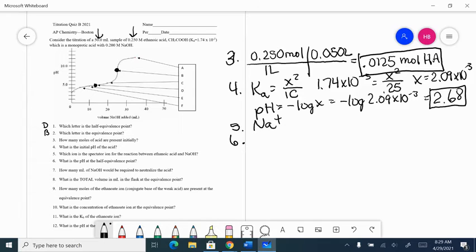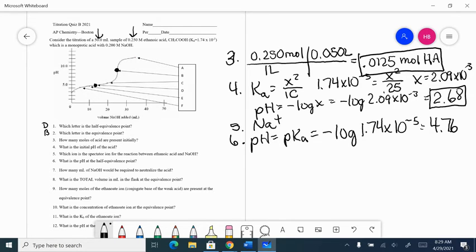What is the pH at the half equivalence point? pH is equal to pKa, or negative log of 1.74 times 10 to the minus 5, or 4.76. That's the answer to number 6.